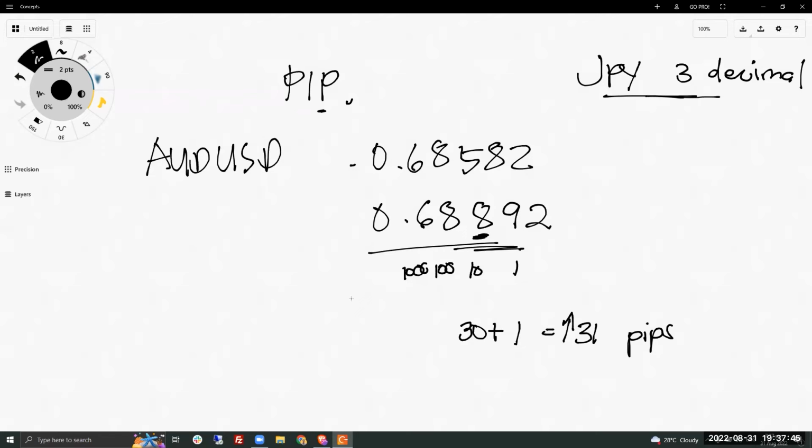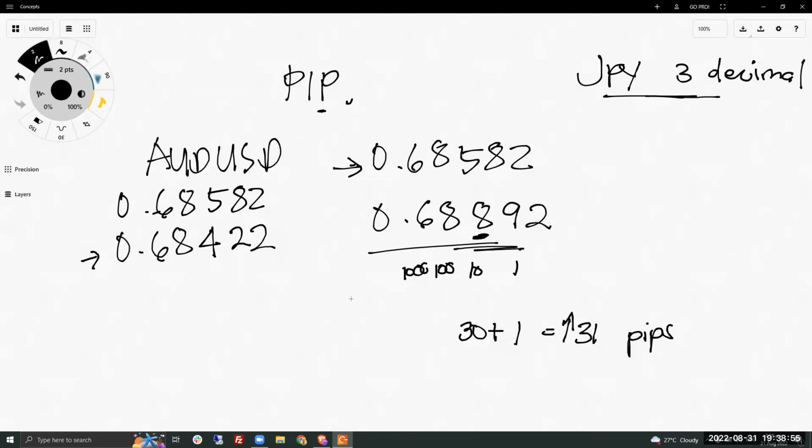So that's how pips are being calculated. Just to measure if you guys understand what pips is, what if from this starting point, the price moved to 0.68422? Because our starting point is 0.68582, a pip is always a movement from the 4th decimal or second to the last, right?